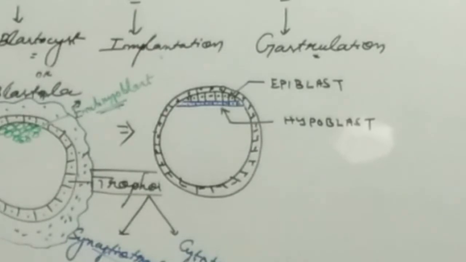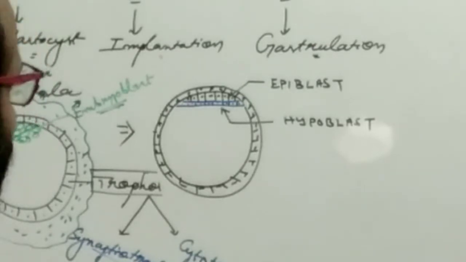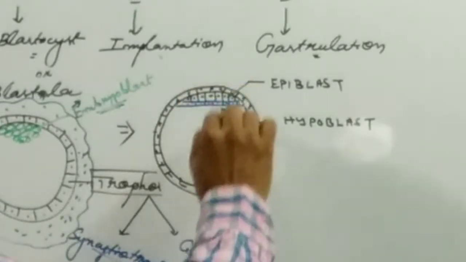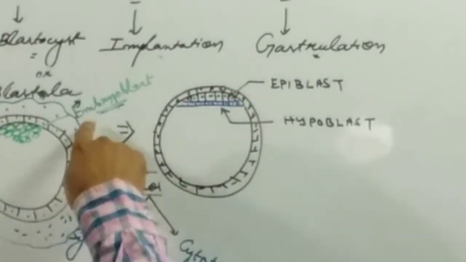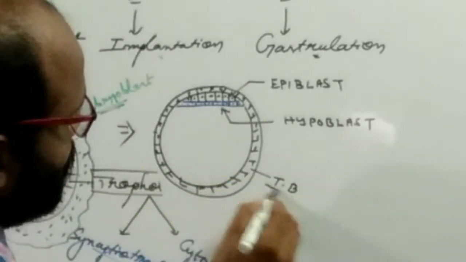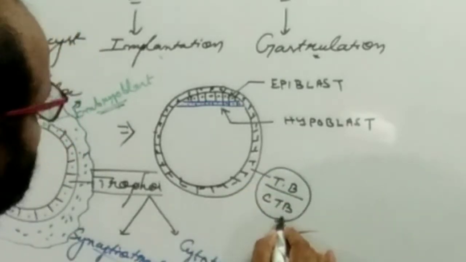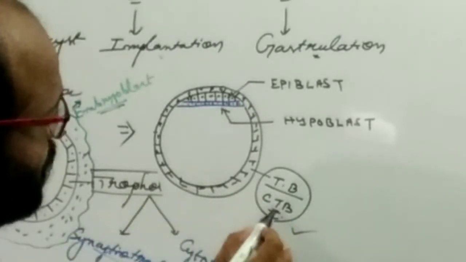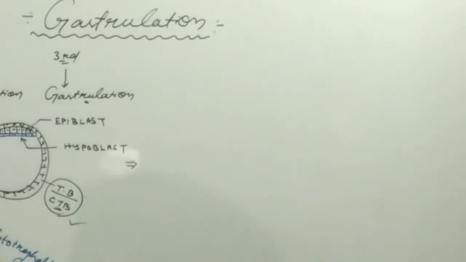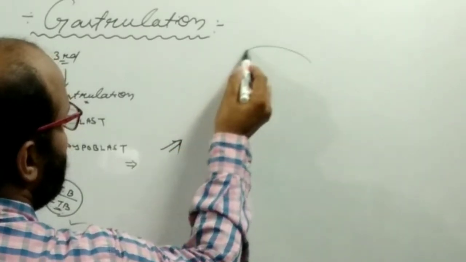Gradually these cells divide and extend, and they form a space. The space appears in between the epiblast and the trophoblast, the outer layer, which is the cytotrophoblast.